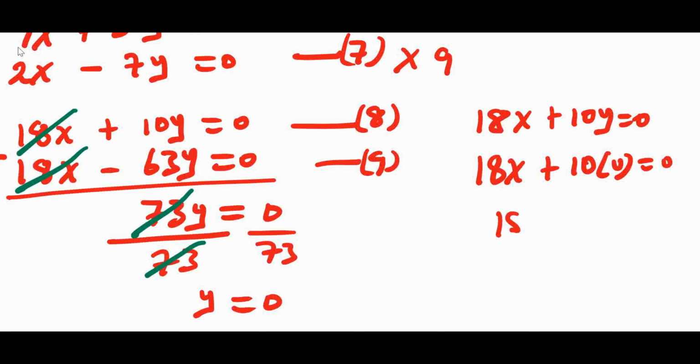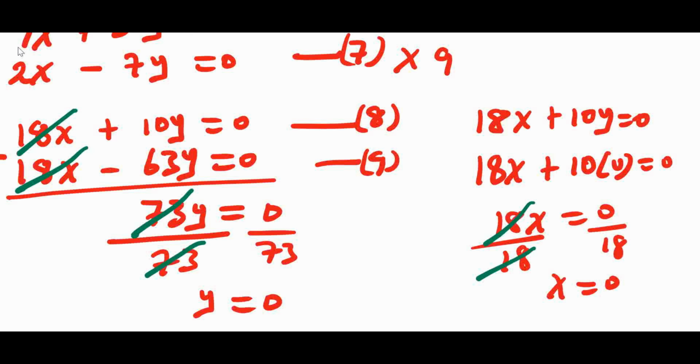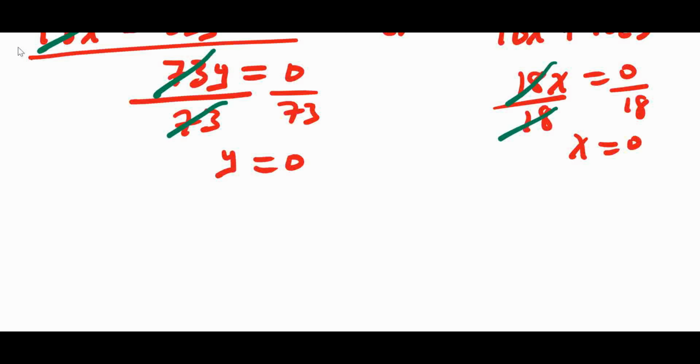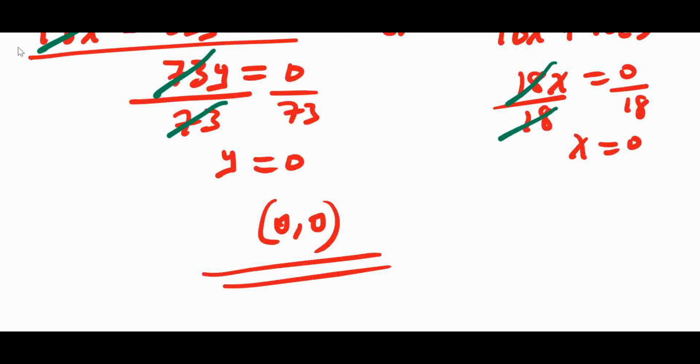So 18x is equal 0. Divide both sides by 18. And 18 would cancel 18 from here. 0 divided by 18 is 0. So x is equals to 0. So the solution to this question is 0, 0. So this is the answer to this question, and I hope it makes some sense.